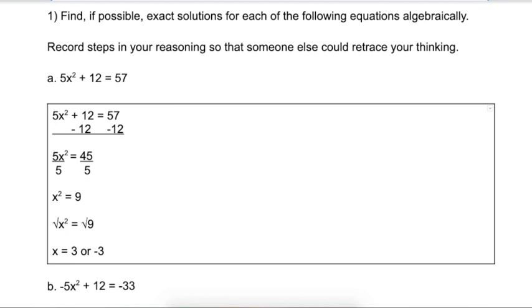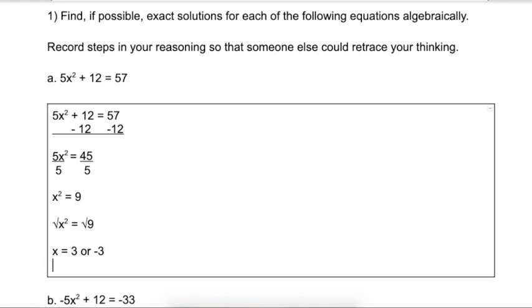Usually we just talk about the positive, but here in quadratics, we've got to make sure that we're mentioning both of those. This way I know that the two x-intercepts of this parabola are 3 or negative 3.